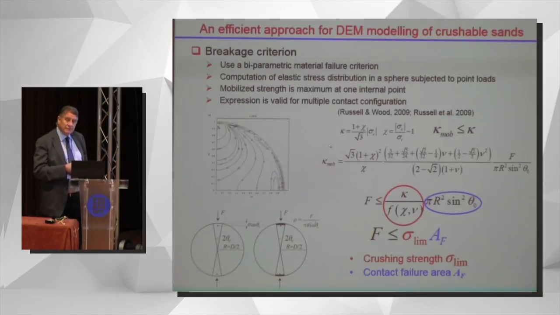For the breakage criterion, there have been many proposals, but we adopted one which can be traced back to Russell and Muir Wood, work back in 2009. Basically, they use a two-parameter strength for the material forming the particle, which are related to compression and tension strength, and they check the elastic stress distribution under a point load, and eventually generalize to several loads, and identify the most stressed point, and when this point gets to the value of the strength of the material, then we get breakage.